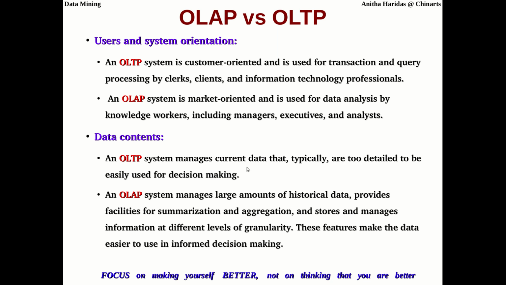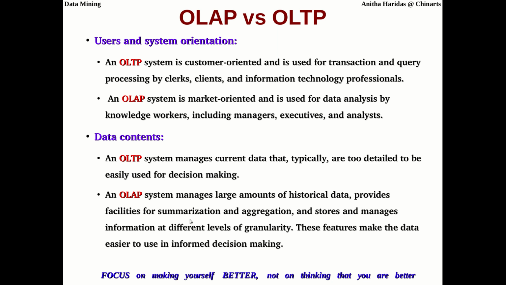So all this kind of detailed information about one transaction will be managed by the OLTP system, whereas the OLAP system is not going for this kind of detailing. Instead, it is going to manage the historical data. So when I say historical data, it is going to provide facilities for summarization.